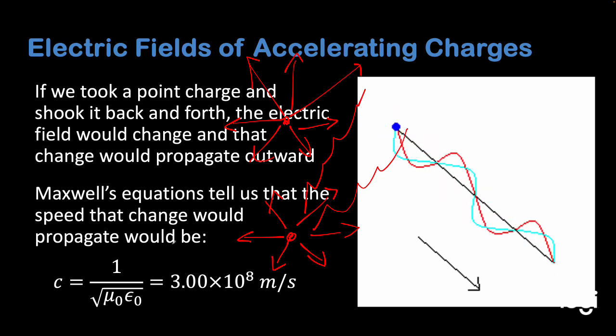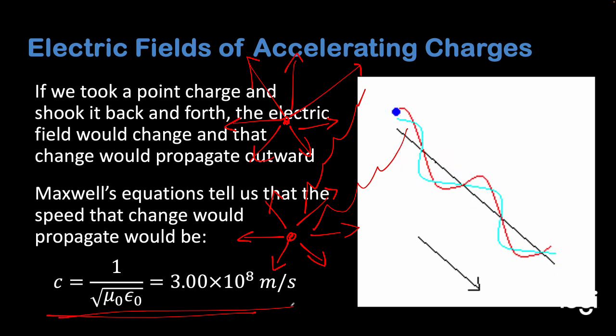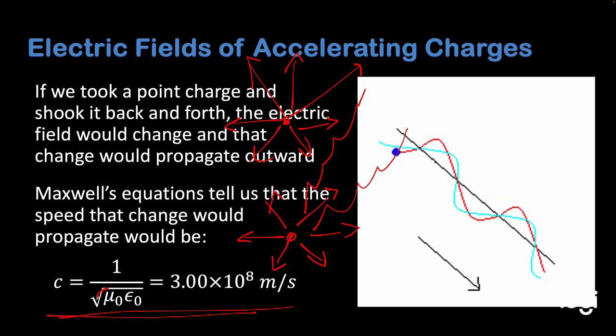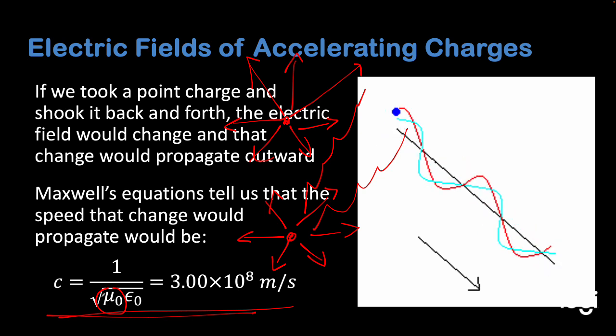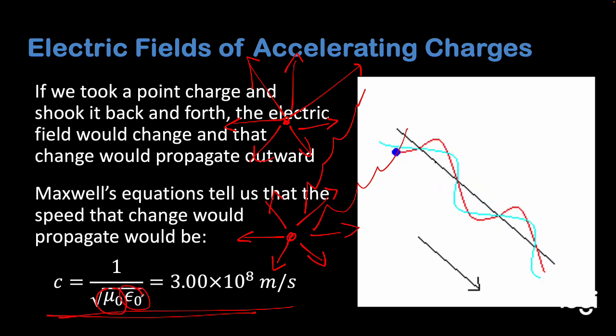In fact, Maxwell's equations tell us that they move out at this speed. So this is that weird magnetic permeability of free space, and this is, oh gosh, I always forget the names of these because they sound so similar.